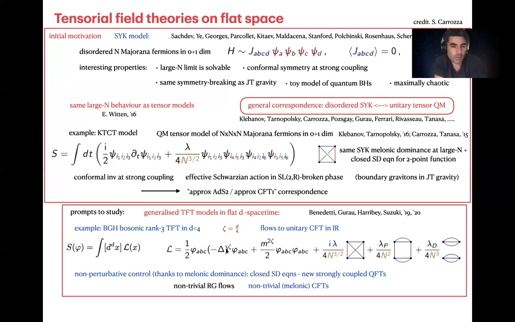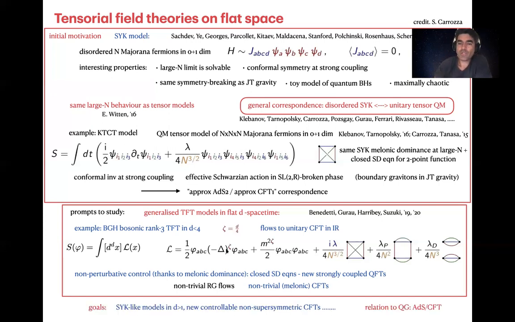And this is an interesting model because it seems to flow to a unitary conformal field theory in the IR. And once more, the interest in this type of model is that they seem to be controllable at the non-perturbative level thanks to the melonic dominance. And in fact, a number of results have been established. I just mention a couple in the next slide.